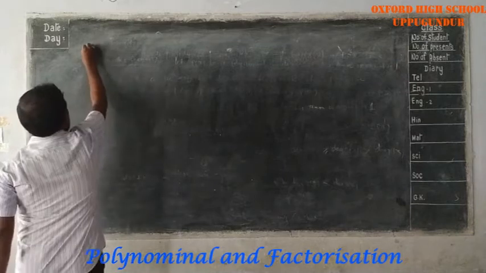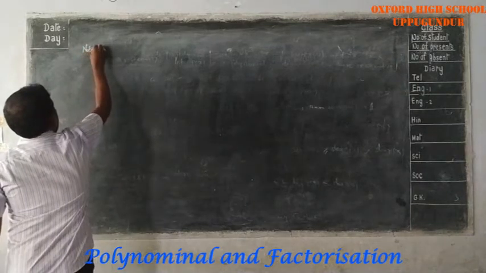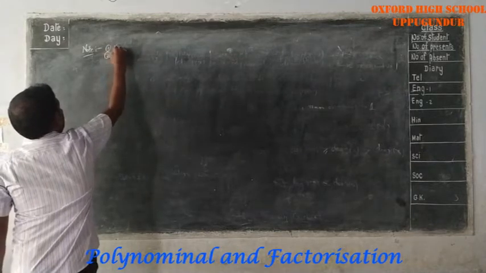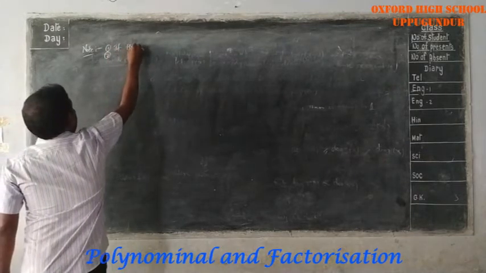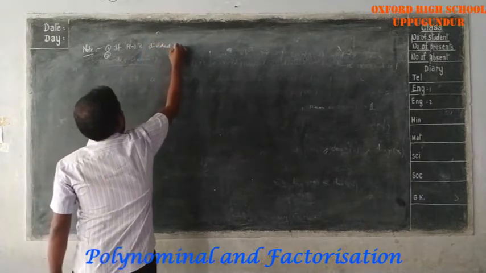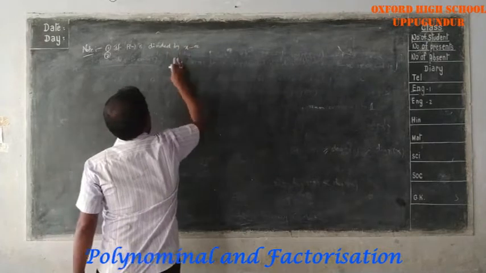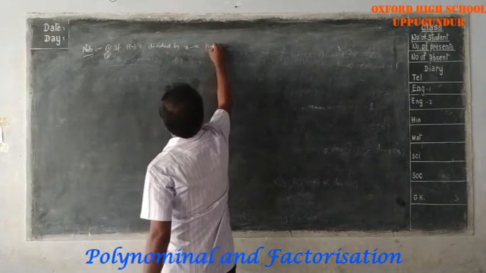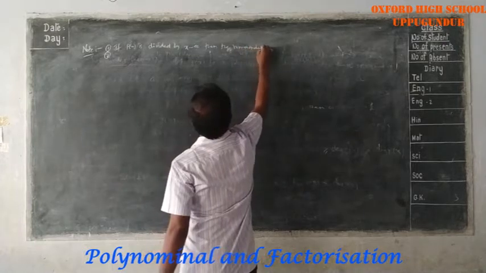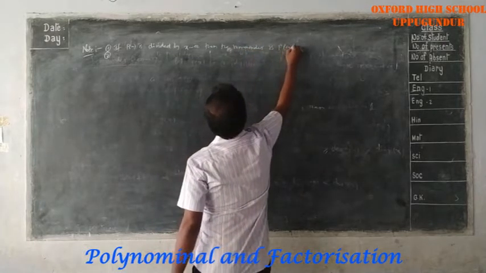So by using this remainder theorem, we can write these points. If p of x is divided by x minus a, then the remainder is p of a.